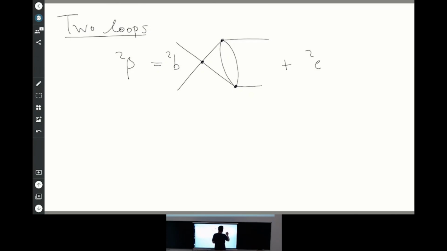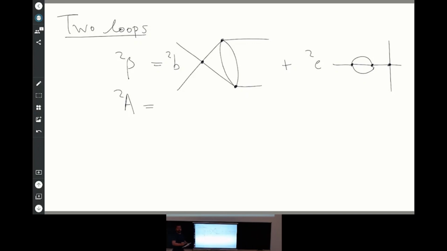And then there is another correction, the wave function renormalization correction. So these are the 2 diagrams that you have at 2 loops for the beta function. And now you say, okay, what can this A be?